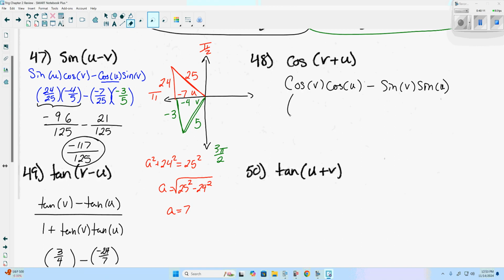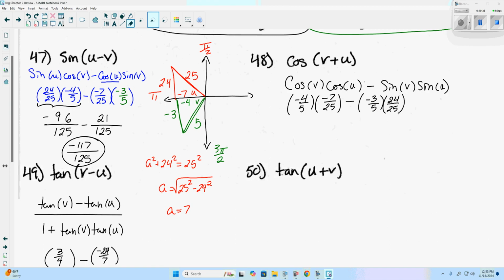Cosine of v, negative 4/5. Cosine of u is negative 7/25. Sine of v, negative 3/5. Sine of u, 24/25. So we're just using the formula and the values for u and v with sine and cosine.